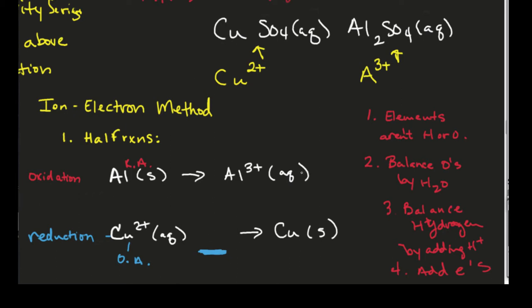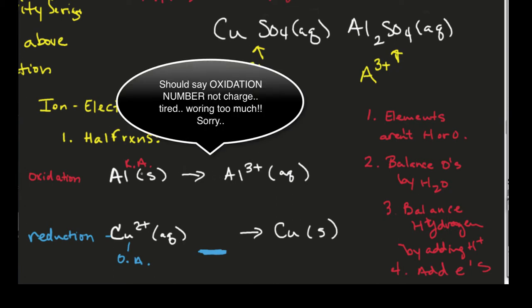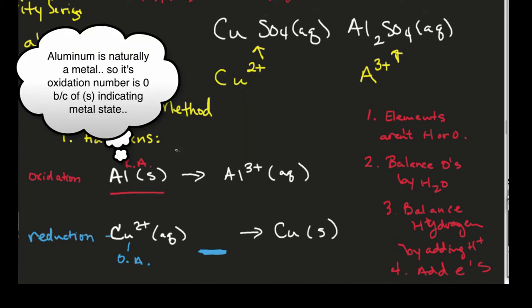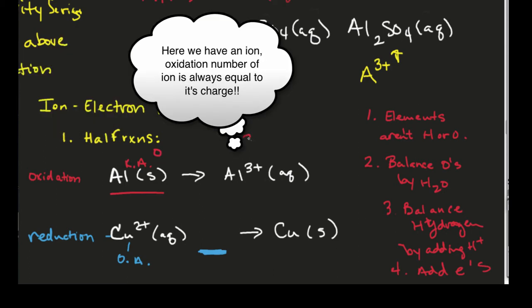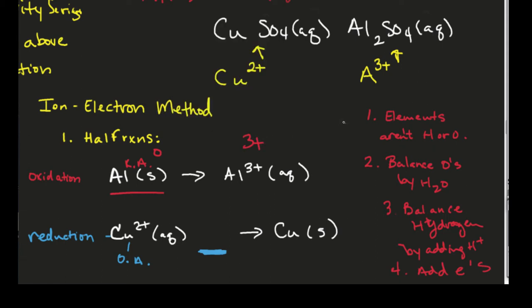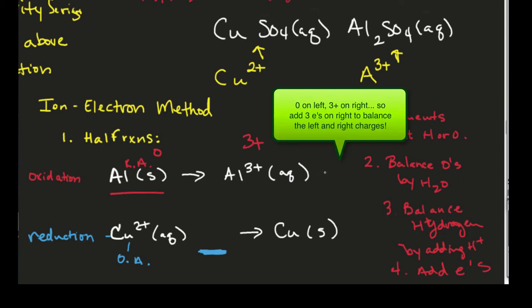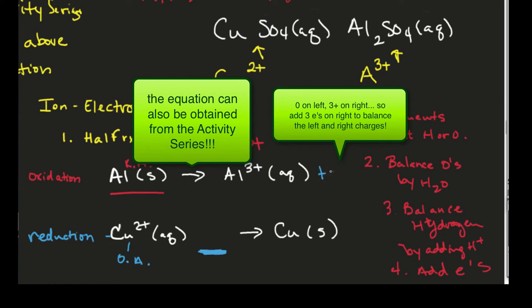So we go straight to the electrons. So when we go straight to the electrons, what's the charge on the left side here? Zero, right? What's the charge on the right side? 3 plus, she says. And then how many electrons do I need to add in order to get the same charge on both sides? Yes, ma'am.